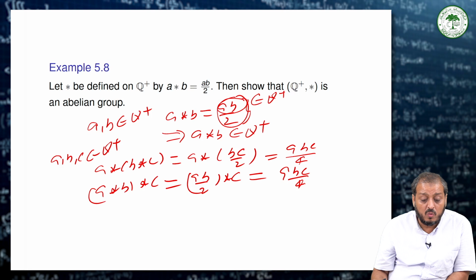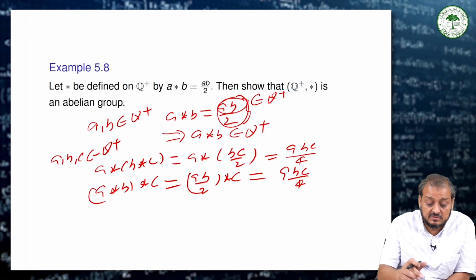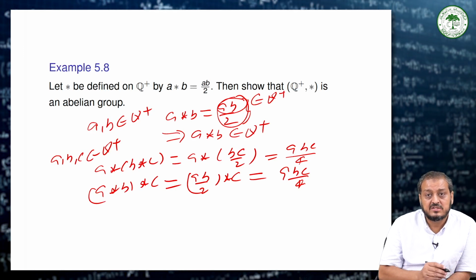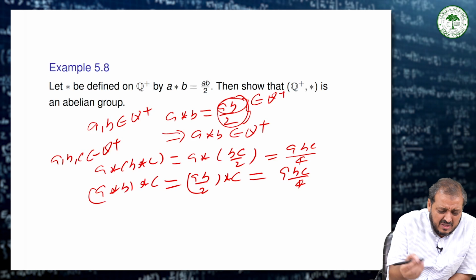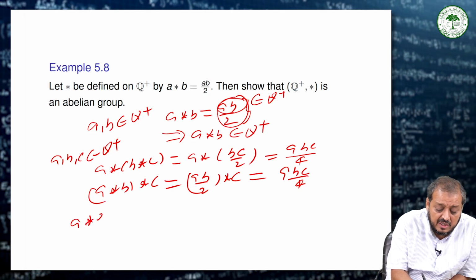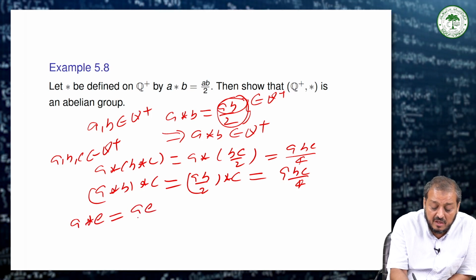Now we check the existence of an identity. Let E be the identity element. E composition A by the definition is EA by 2.